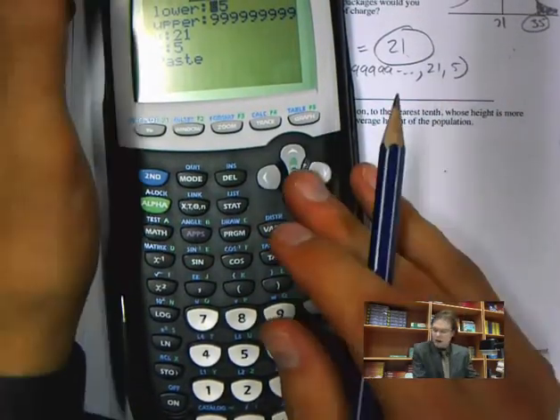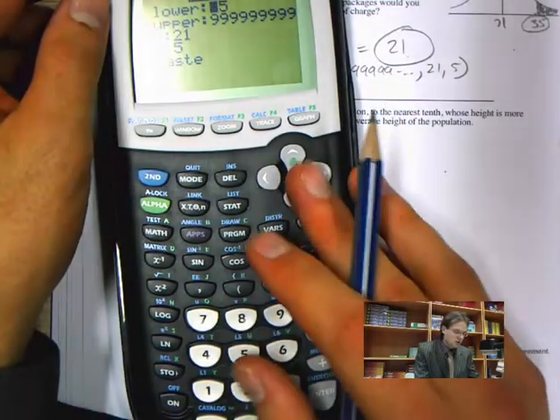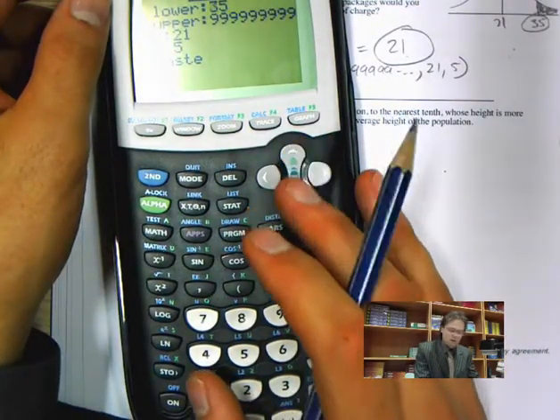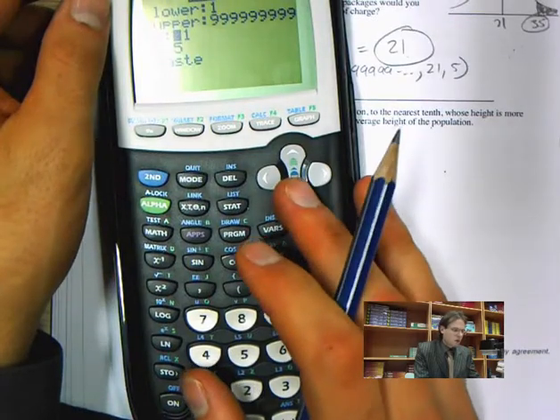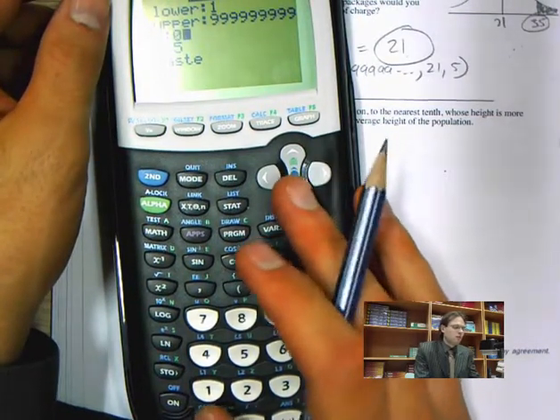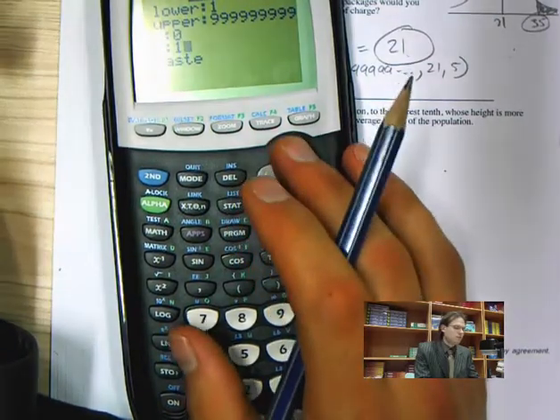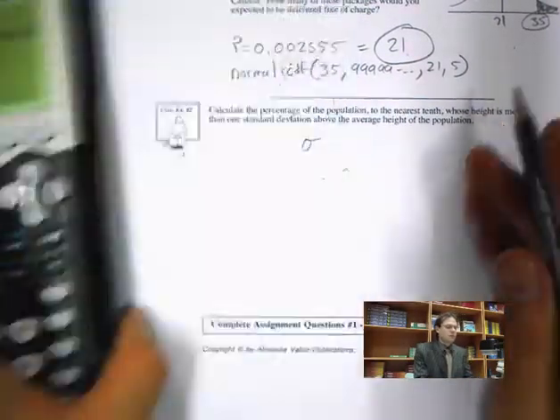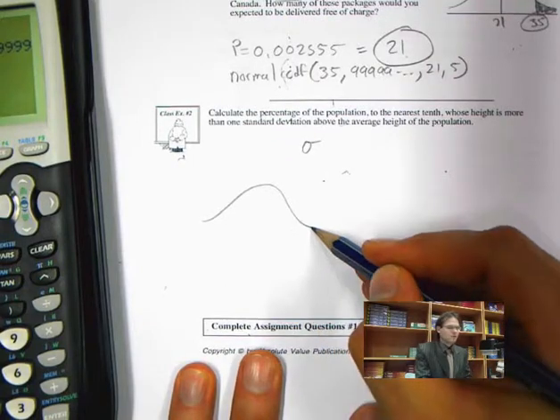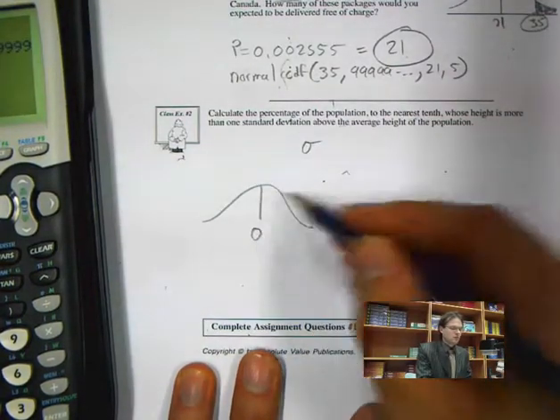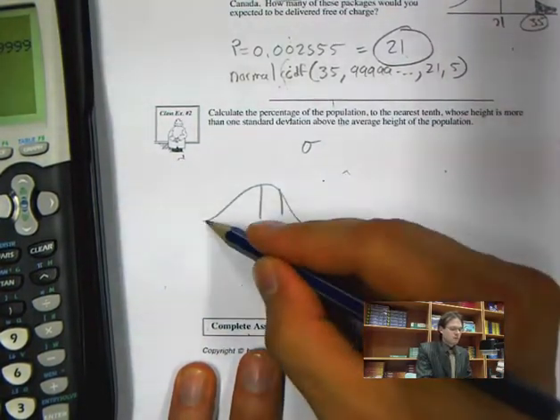So in this case, my lower is 1. Okay, we're going to say my mean is 0, and my standard deviation is 1. That's my lower, because we want everything above.